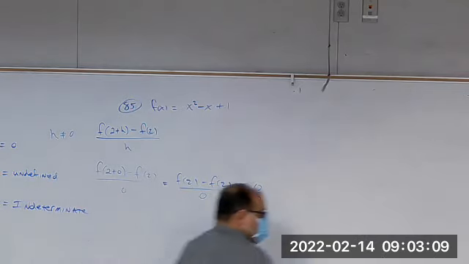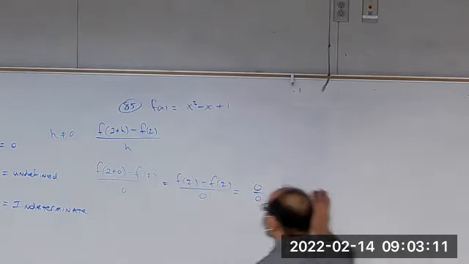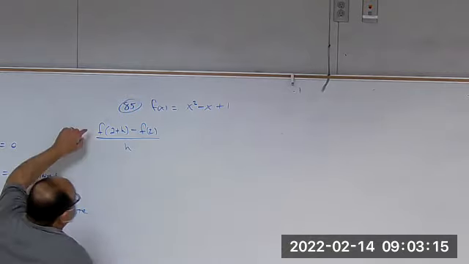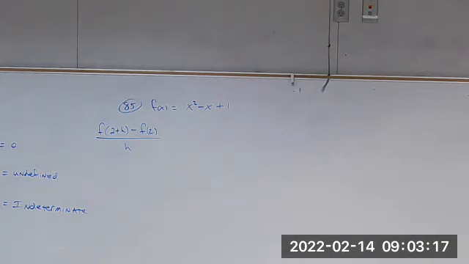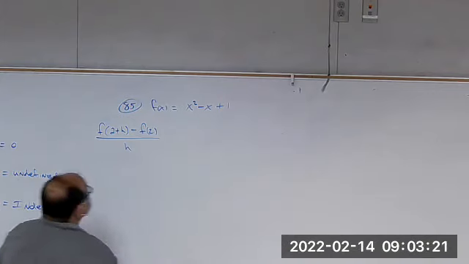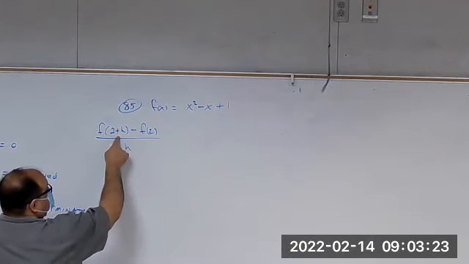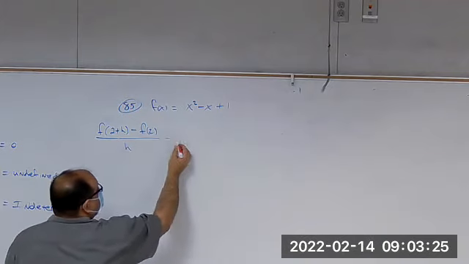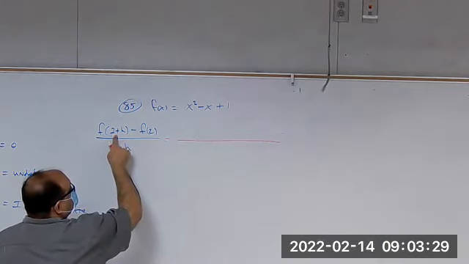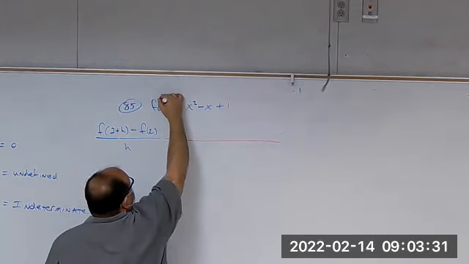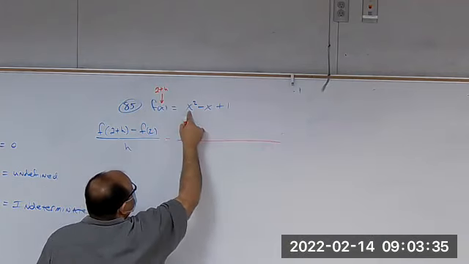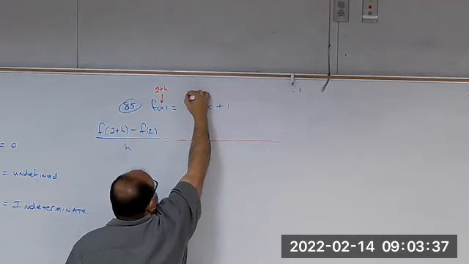So to get to the calculus, we actually have to be able to do the substitution first. First thing you're going to do in the numerator, you want to replace x with a 2 plus h. So we're going to replace this x with a 2 plus h, which means every x gets replaced with a 2 plus h.